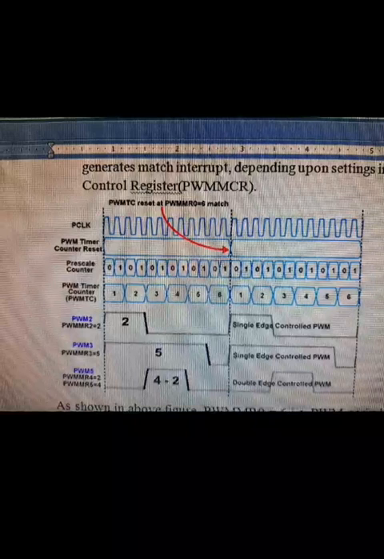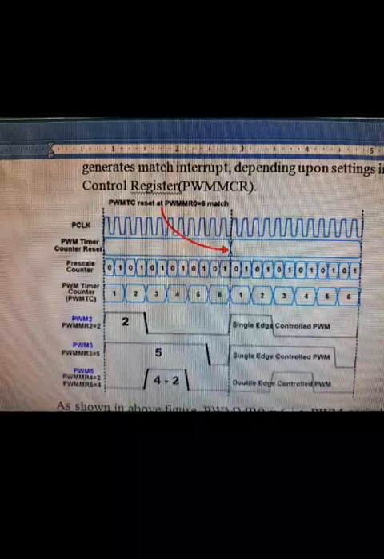As shown in the figure, PWM MR0 is equal to 6, which means the PWM period is 6 counts, after which the PWM timer counter resets. PWM2 and PWM3 are configured as single edge controlled PWM, and PWM5 is configured as double edge controlled PWM. The prescaler is set to increment the PWM timer counter after every 2 peripheral clocks.